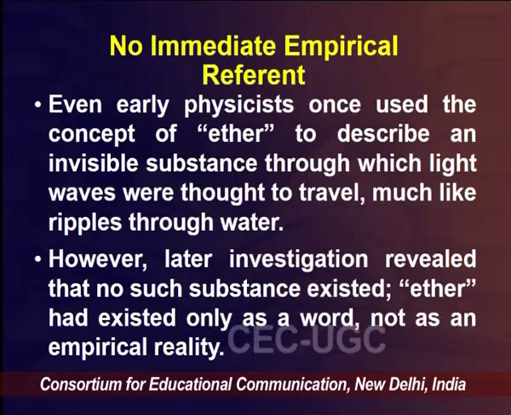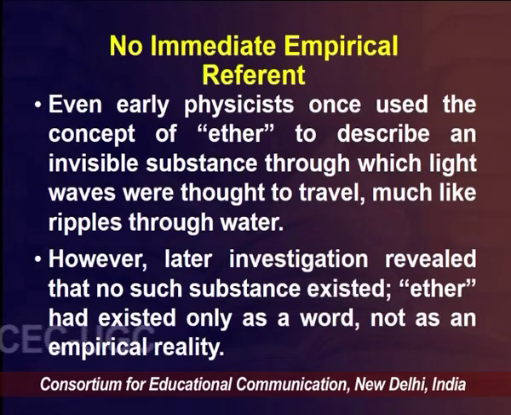Even early physicists once used the concept of ether to describe an invisible substance through which light waves were thought to travel, much like ripples through water. So, it was more metaphorical, and that is how it became a little vague. However, later investigation revealed that no substance existed.